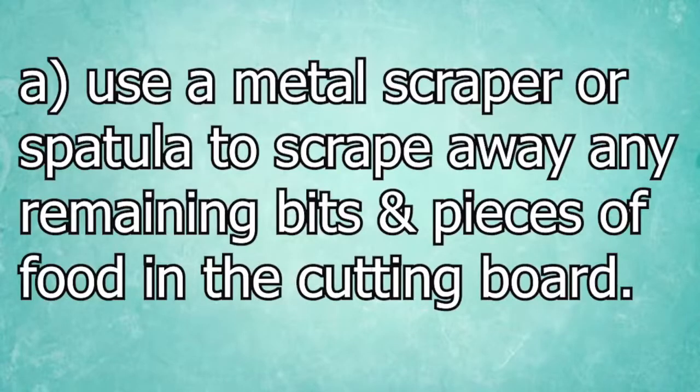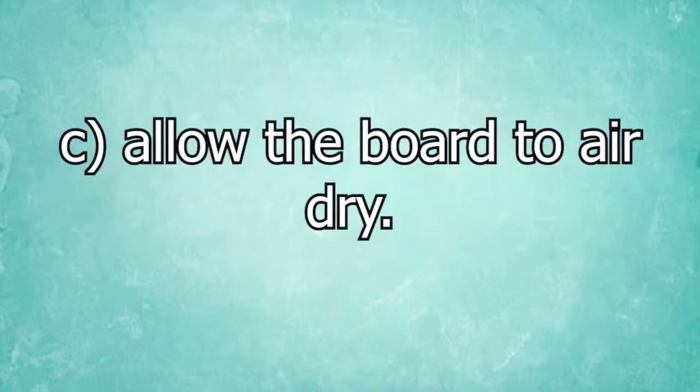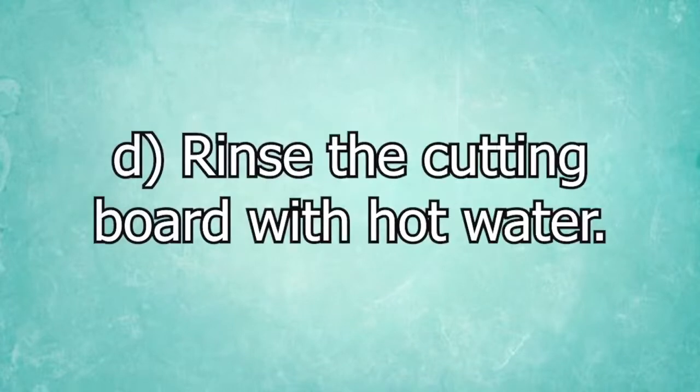Letter A. Use a metal scraper or spatula to scrape away any remaining bits and pieces of food in the cutting board. Letter B. Scrub the board with hot, soapy water thoroughly. Letter C. Allow the board to air dry. Letter D. Rinse the cutting board with hot water.